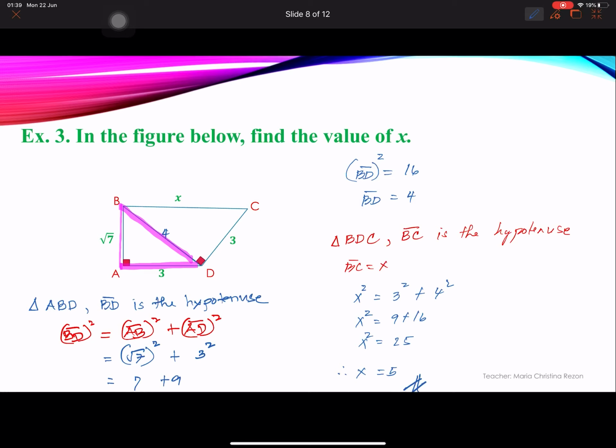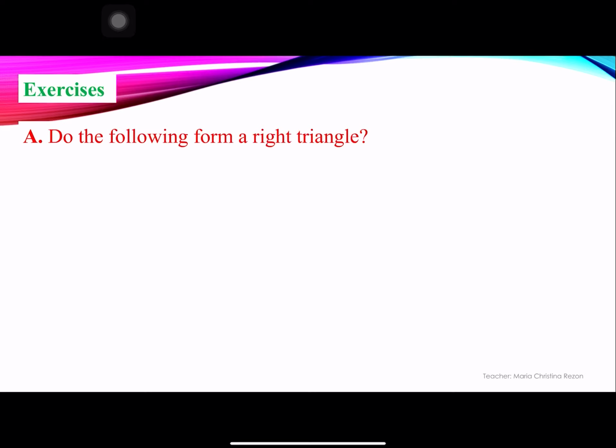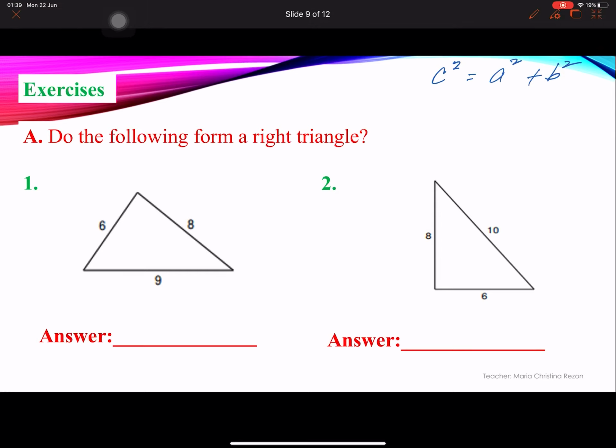Then let's have some exercises here for you to answer. You have exercise 1. Do the following: form a right triangle, and use the Pythagorean theorem. c squared is equal to a squared plus b squared, where I will not use the word hypotenuse here.